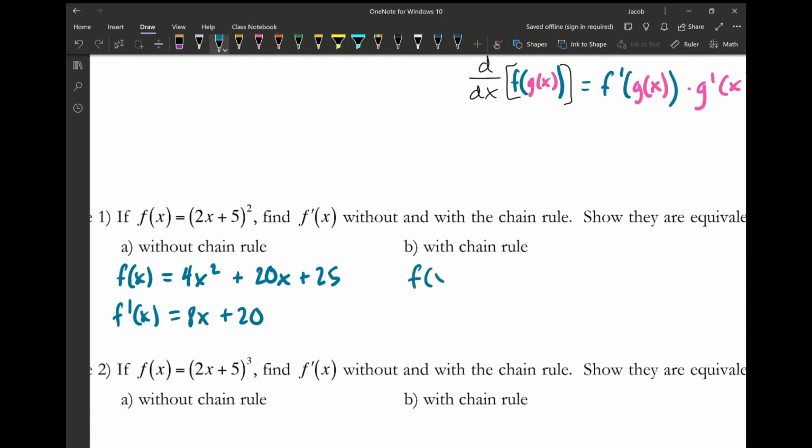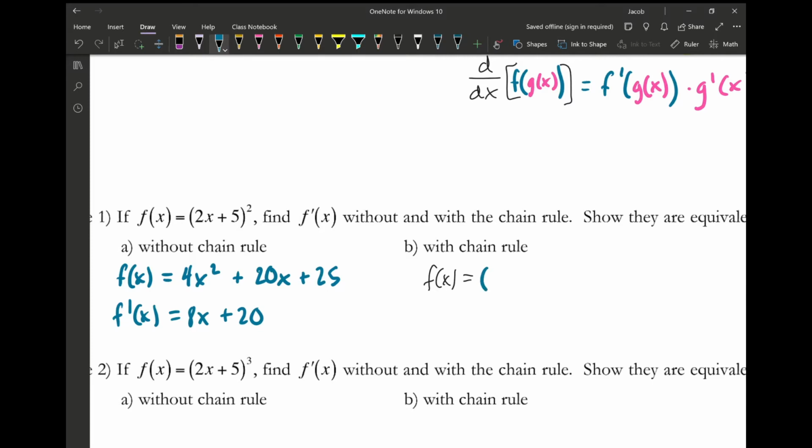I want to make sure I write this down so we can see everything. F of x is going to look like something with an inside function and an outside function.